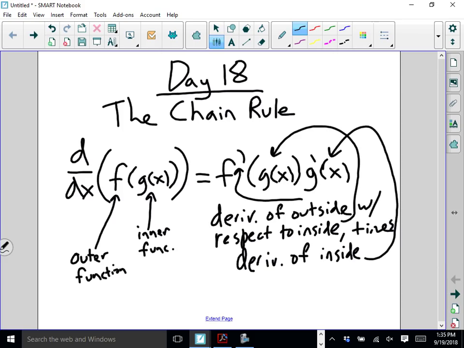That times g prime of x, I like to call it tacking on g prime. That's where the chain comes from. It makes a chain. So we do the derivative of the outside with respect to the inside times the derivative of the inside. We tack on that g prime of x, that inner function g prime. Okay? So that's our basic setup here. And I'm just going to do a bunch of examples to help illustrate this rule.